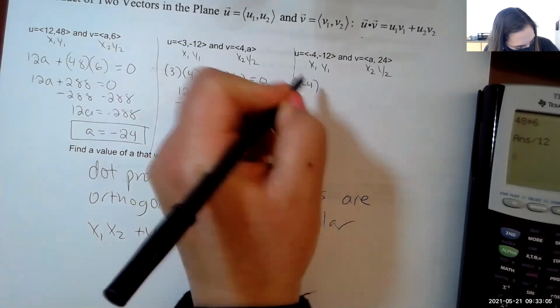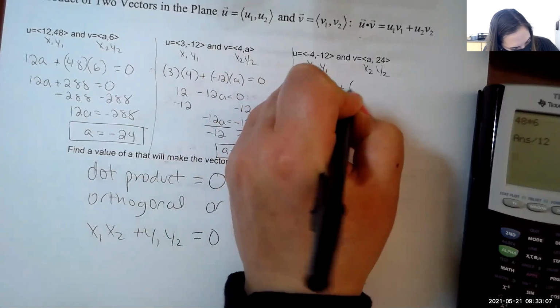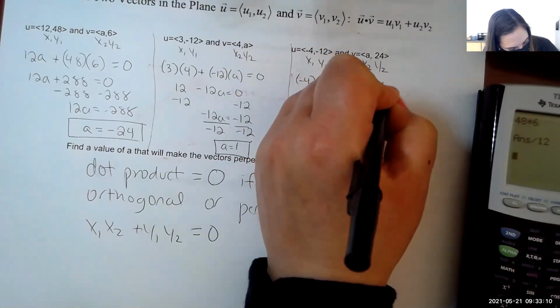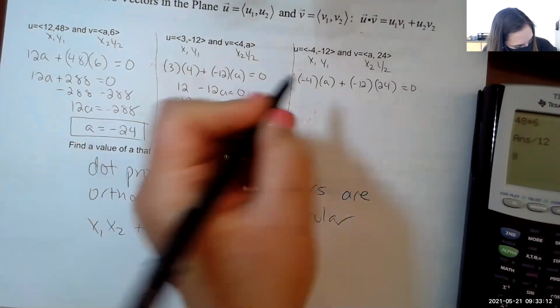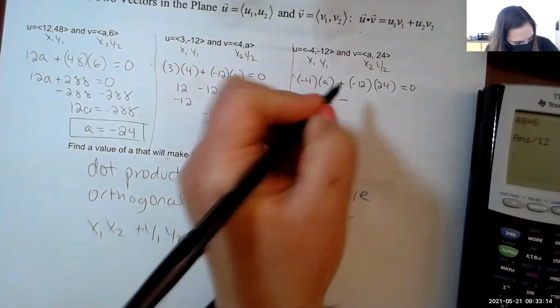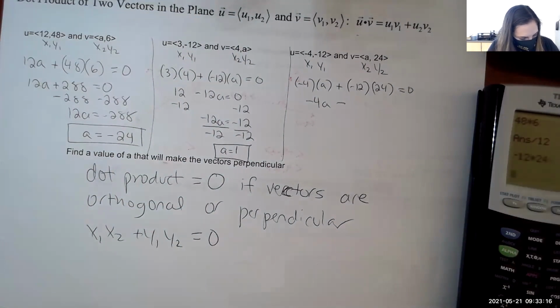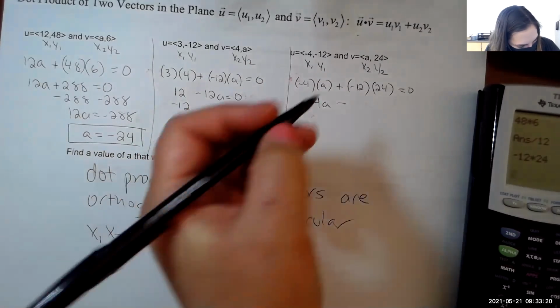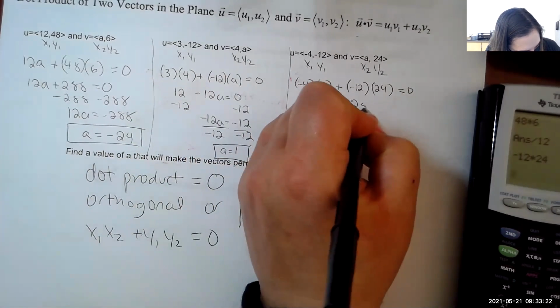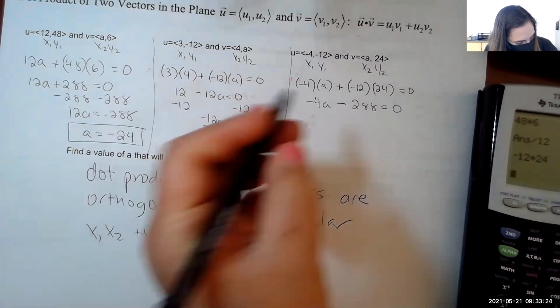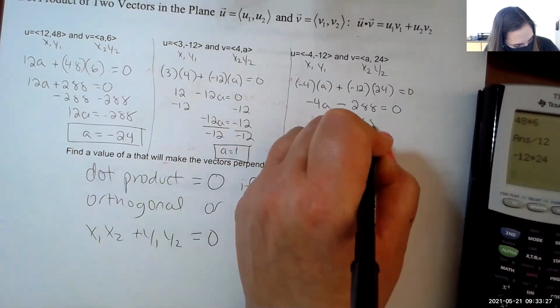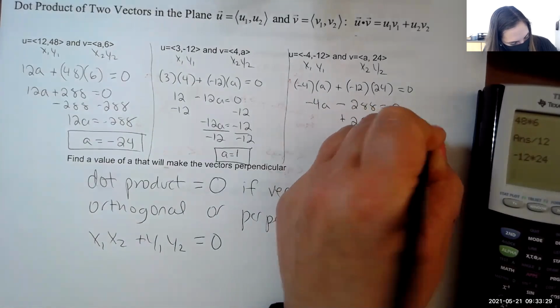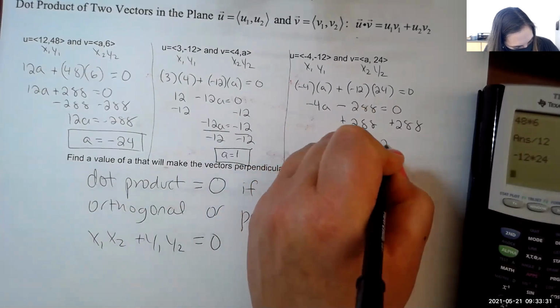So we got negative 4 times A plus negative 12 times 24 has to be 0. So we get negative 4A minus, what's negative 12 times 24? Again, this is actually the same as 48 times 6. So minus 288 equals 0. Going to add 288 to both sides. So negative 4A equals 288.